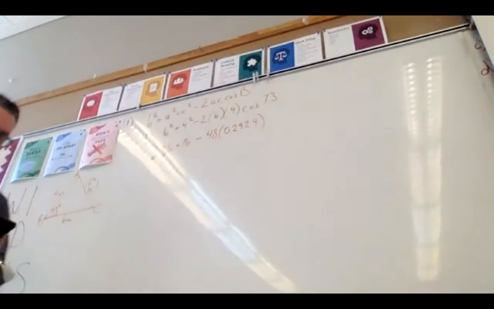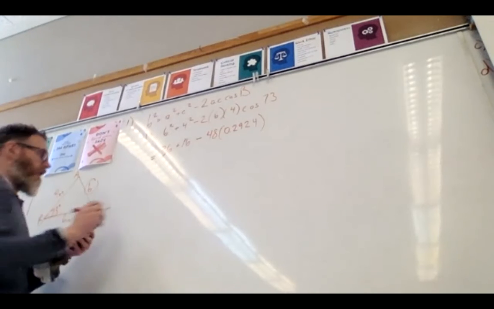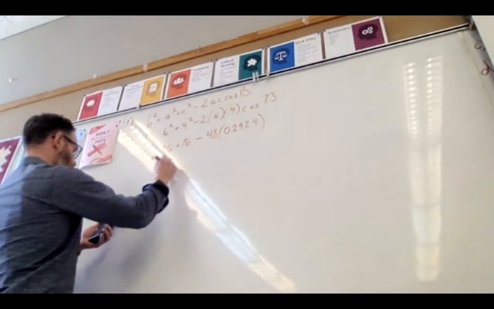So what I'm going to punch into my calculator is negative 48 times 0.2924 equals negative 14 and change, plus 36 plus 16 equals 37.9648.